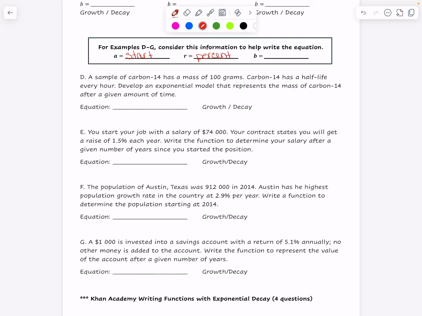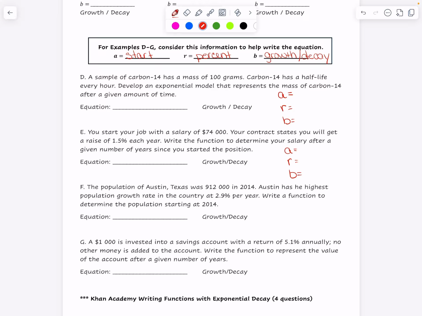And B is the growth or decay factor. All right, so on letter D, let's consider whether we can find A, R, and B.